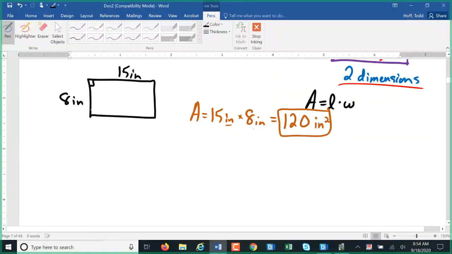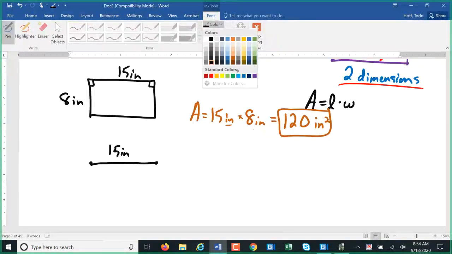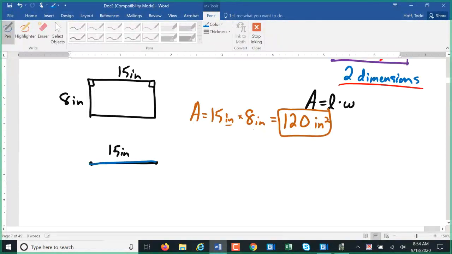Well, that's a rectangle, which means we moved perpendicular. But the interesting part is we don't have to move perpendicular as long as that original line segment stays in its same orientation. I take my 15-inch segment here, and I move it.